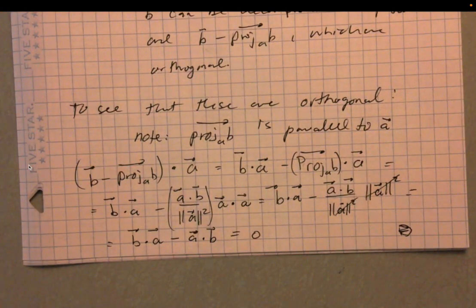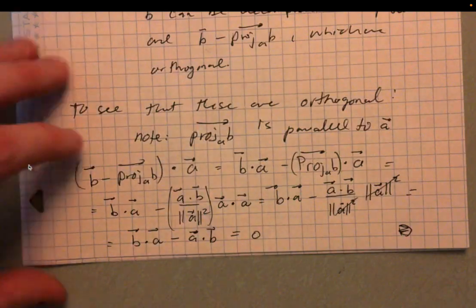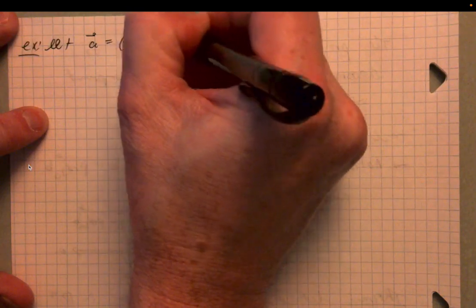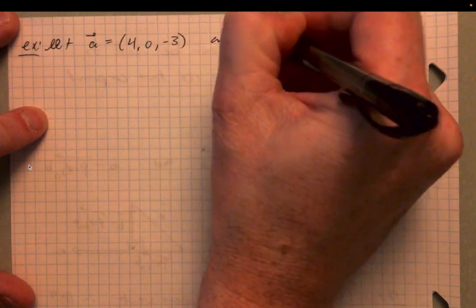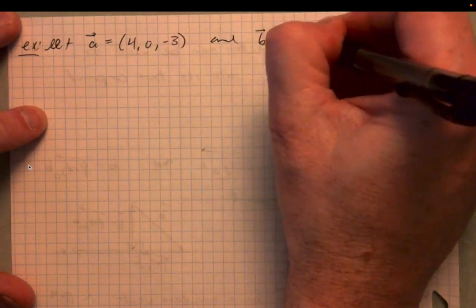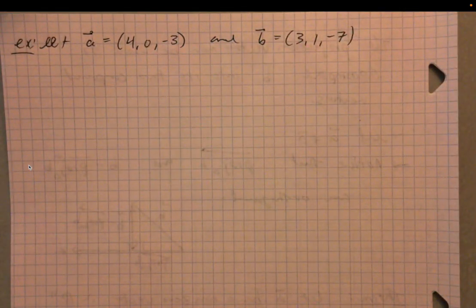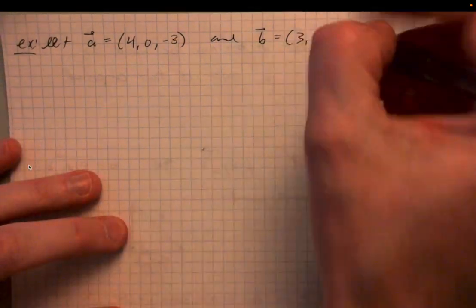Okay, excellent. All right, let's do a quick example here. Let A equal 4, 0, negative 3, and B equal 3, 1, negative 7. Now, this is a previous exercise that we ran, and basically we calculated the projection.